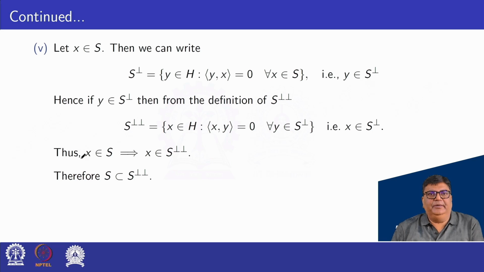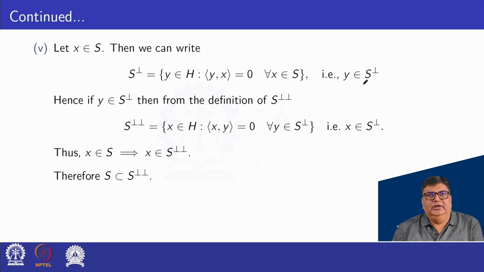Fifth, we have to prove S is a subset of S double perpendicular. Let x be an element of S. Then we can write S perpendicular equals the set of y in H such that the inner product of y with x is equal to 0 for all x belonging to S. That is, y is an element of S perpendicular.